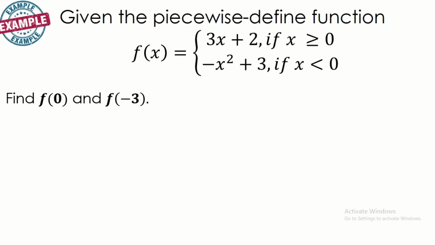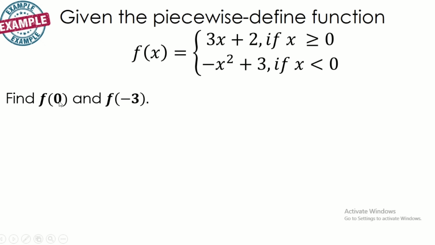Let's try to answer f of 0 and f of negative 3. So, para makuha natin yung f of 0, alin kaya dito sa function na to ang gagamitin natin? Ang 0, pwede ba siya dito sa less than 0? Hindi. So, dito siya. Ito yung gagamitin nating function, yung f of x is equal to 3x plus 2, kapag yung x ay greater than or equal sa 0.